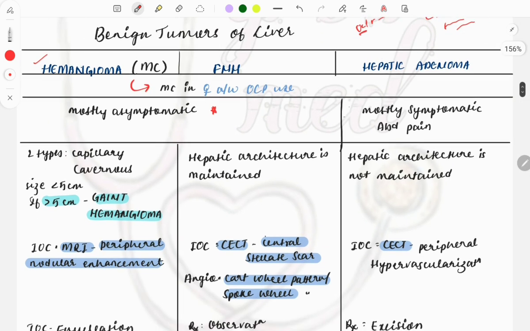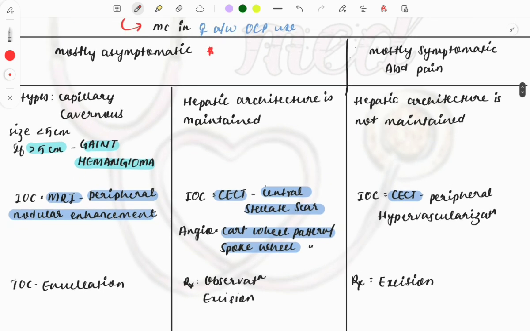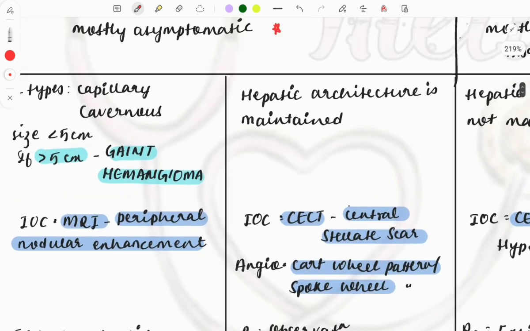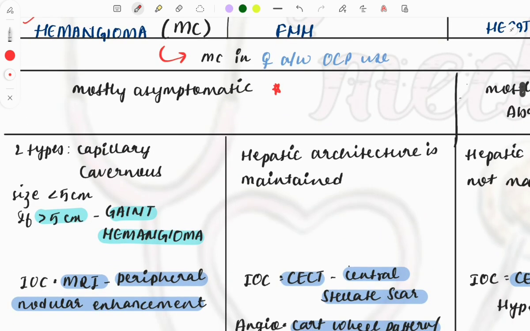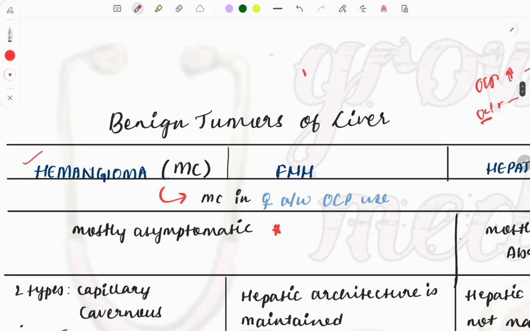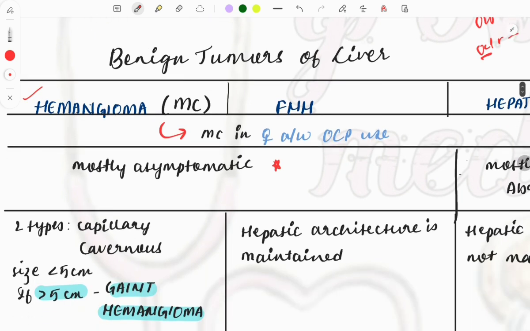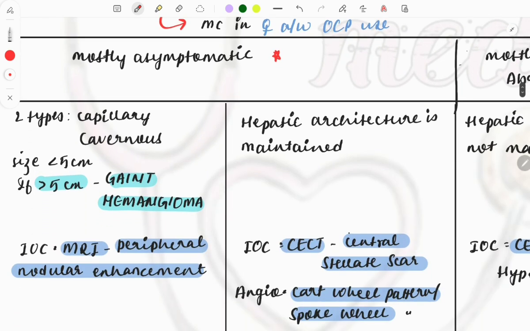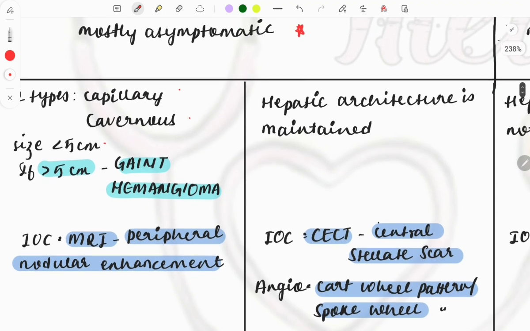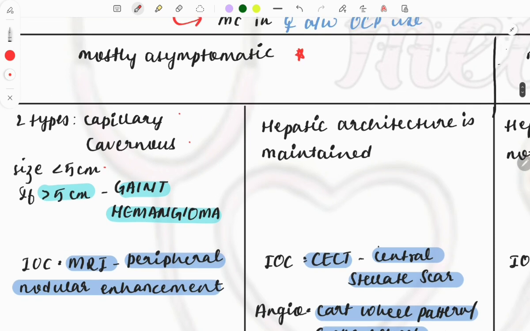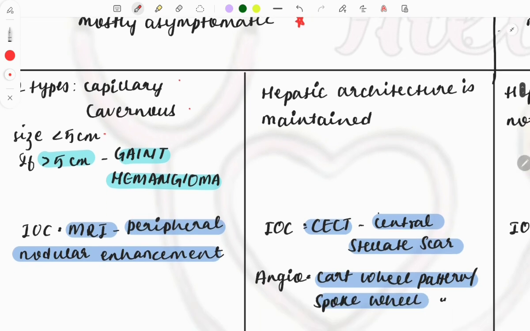Then hemangioma, you all know it is a tumor of the blood vessels. Hemangioma is quite easy: hem means blood, and angioma means blood vessel. So it is a tumor of the blood vessels of the liver. Then there are two types, capillary and cavernous, and if the size is less than 5 centimeters, you will do just symptomatic treatment, and if it is more than 5, it is called a giant hemangioma.